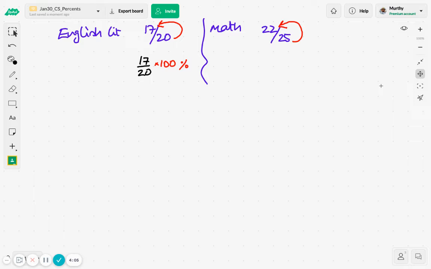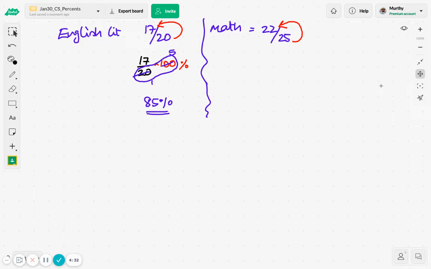If you take the butterfly method, you can divide 100 by 20. How many times? It is 5 times. So 20 times 1 and 20 times 5. So 17 times 5, you know that it is 85. Therefore, you got 85% in English literature.